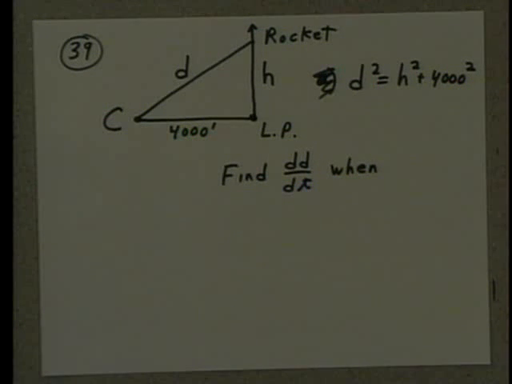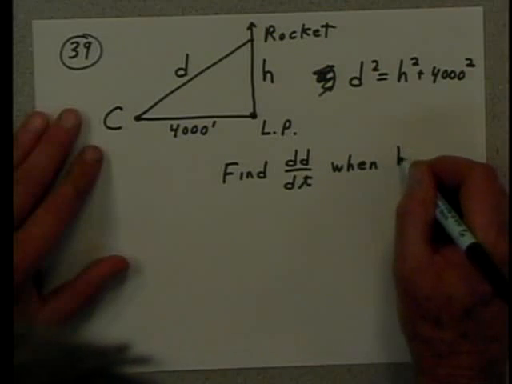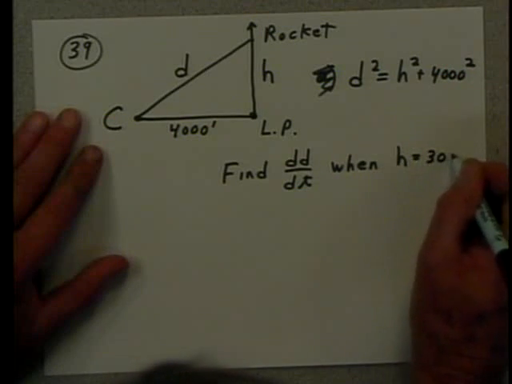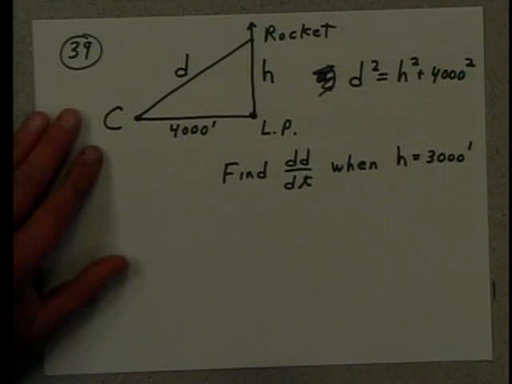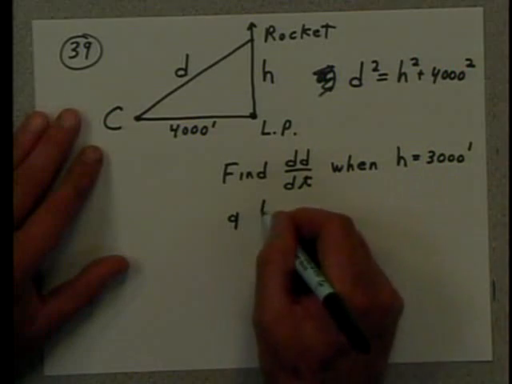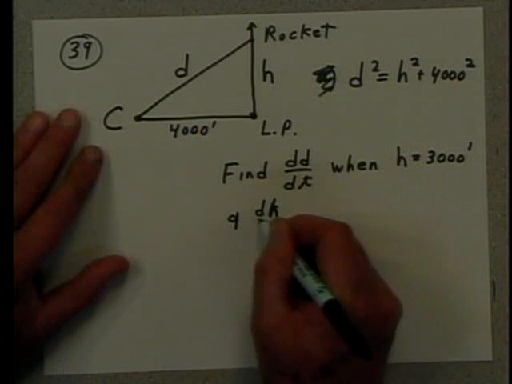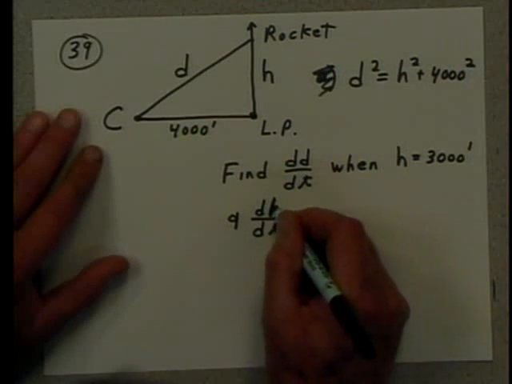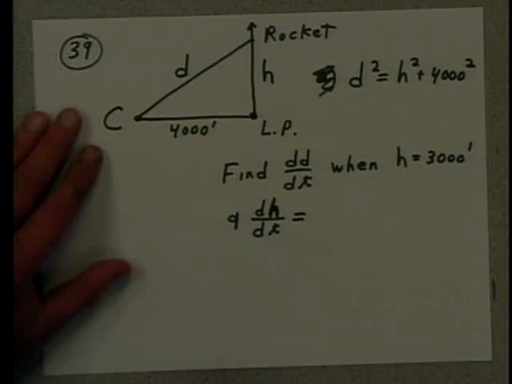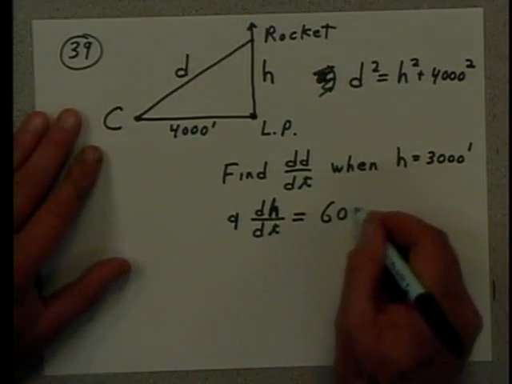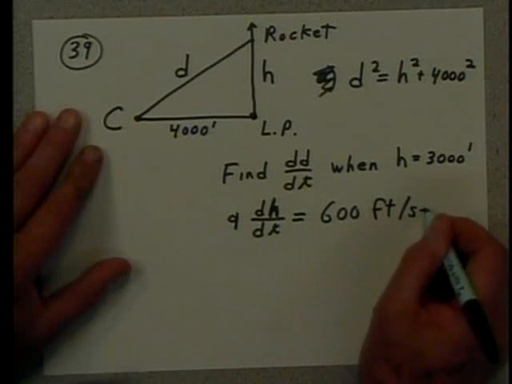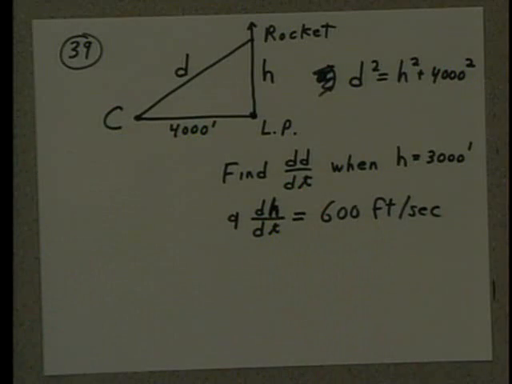Okay, notice it says, assume the rocket rises vertically, its speed is 600 feet per second when it has risen to a height of 3,000 feet. So H is 3,000 feet, right? And dH/dt, which represents the speed of the rocket, is how much at that time?